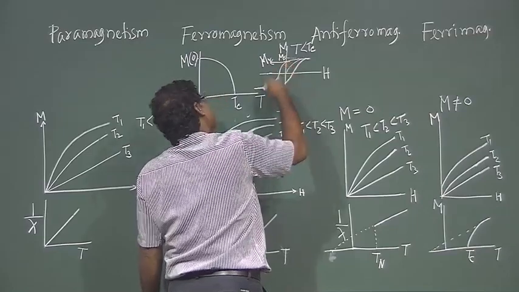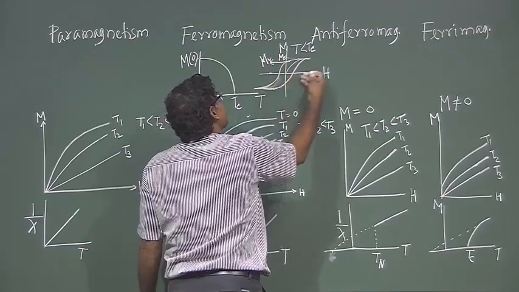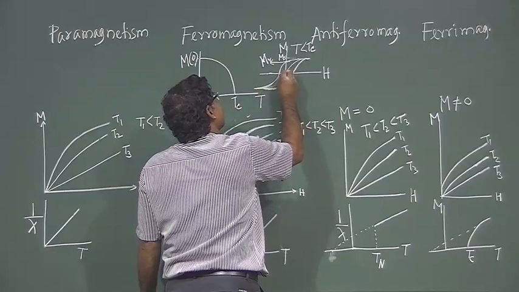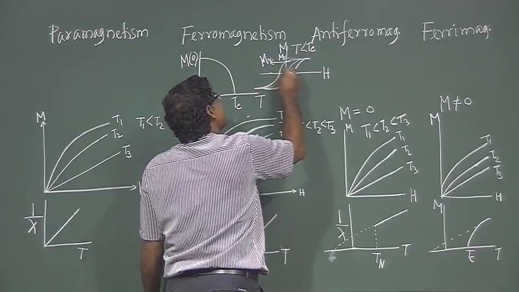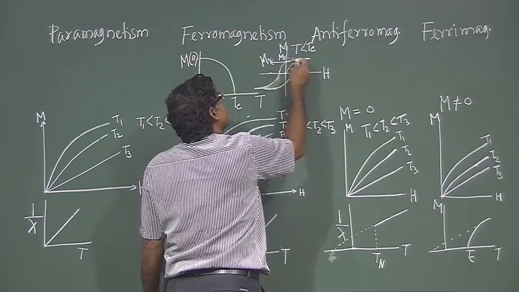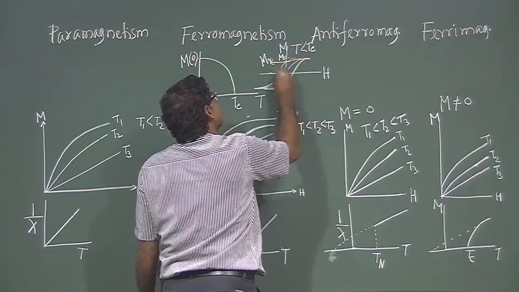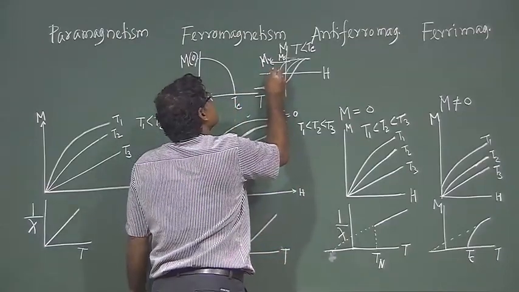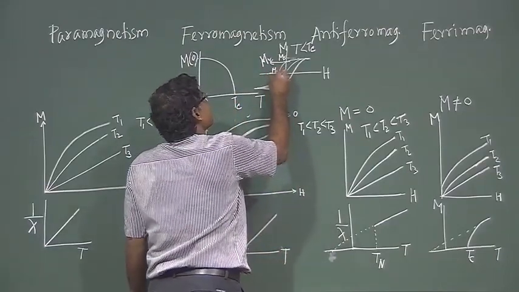To make this remanent magnetization 0, we have to apply field in the opposite direction, and this much field we need to make it 0. So, this is called coercive field, HC.